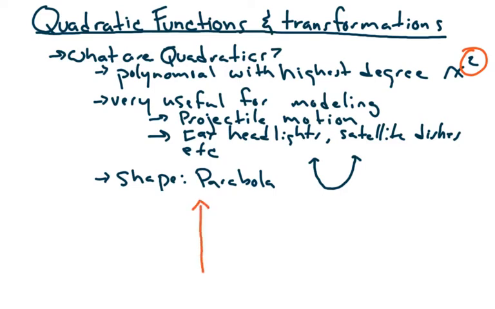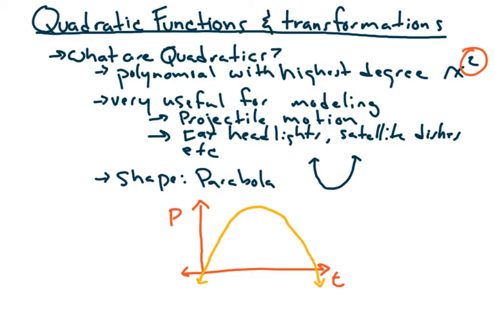So if you kick a ball, throw a brick off a building, anything like that, its position is determined by gravity, right? And gravity is always accelerating.